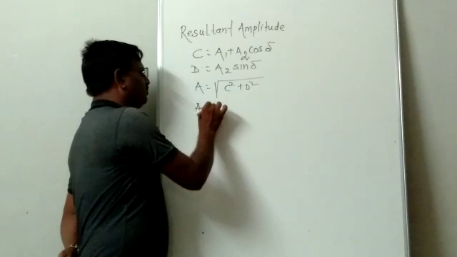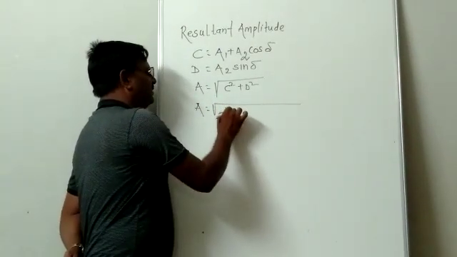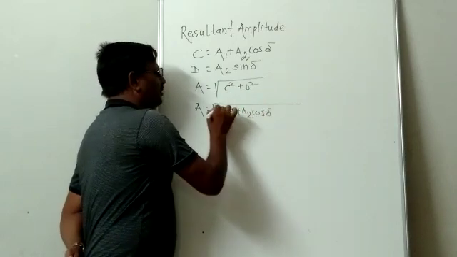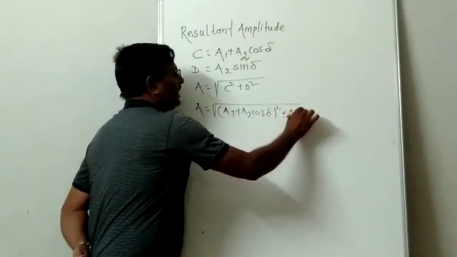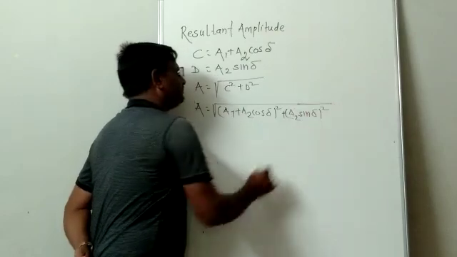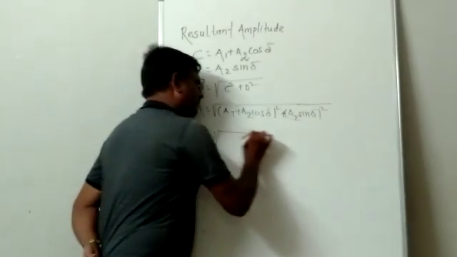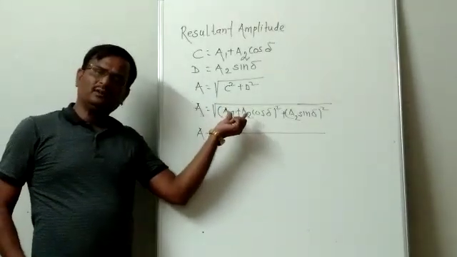Capital A is equal to the square root of (A1 plus A2 cos delta) whole bracket square plus (A2 sin delta) whole bracket square. I am going to expand this bracket.